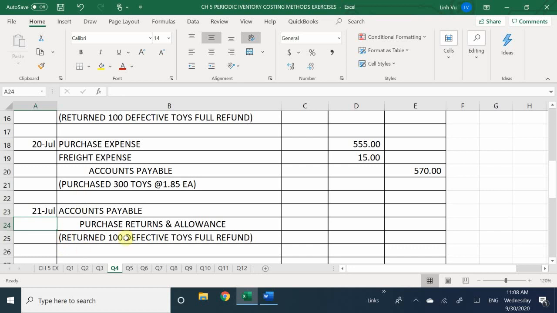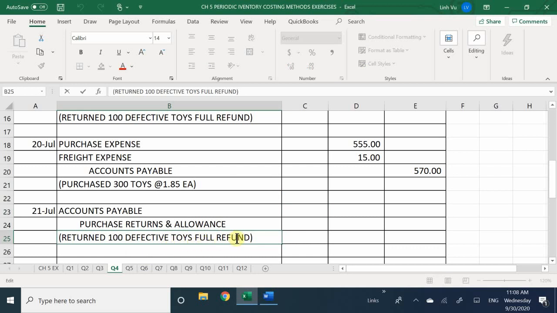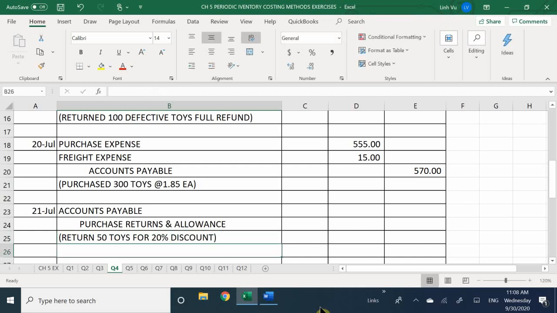I'm going to recognize that account. Okay. So in this case, I also have to write here that I'm not getting a full refund. I am returning 50 toys for 20% discount. Okay.